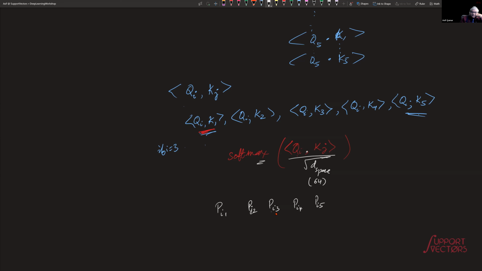And now what you do is you multiply it with the value of the word itself. This is the same as multiplying this with v1, v2, v3, v4, v5, right? This array, you're just multiplying it with this value, pairwise multiplication. Are we together, guys?